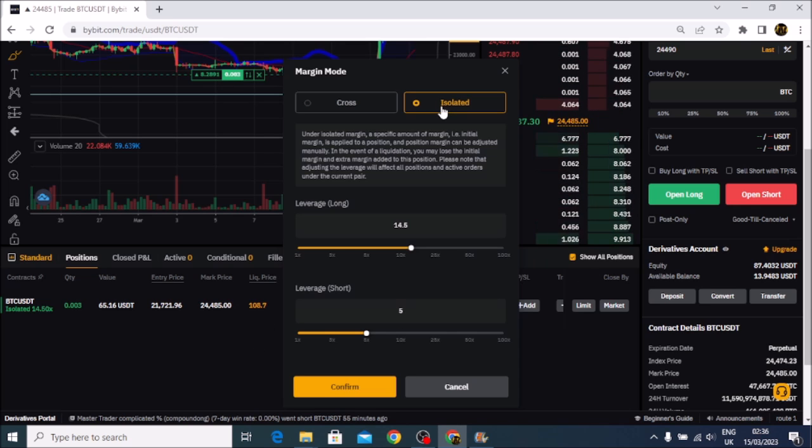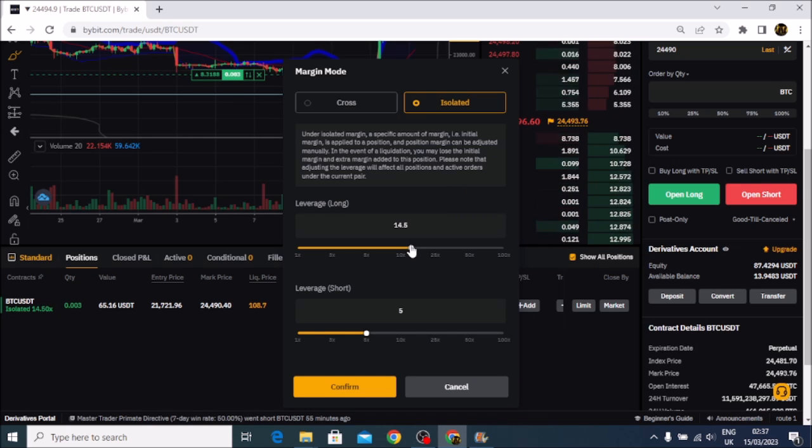But with isolated, it will take only the amount that you have selected in that trade. Let me say that out of 87, I'm going to use $13. That means that if it reaches the liquidation price, it will only take $13, not beyond this. So that is the difference. With cross, it takes everything in the account, and with isolated, it only takes the amount that you have selected.